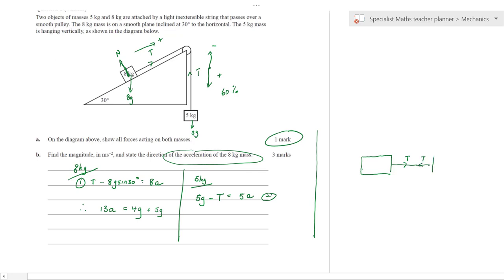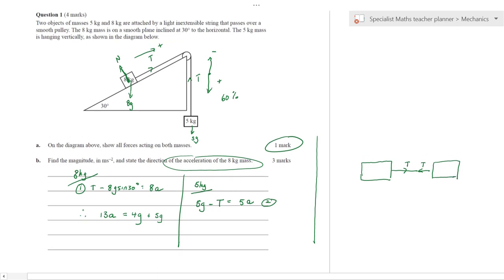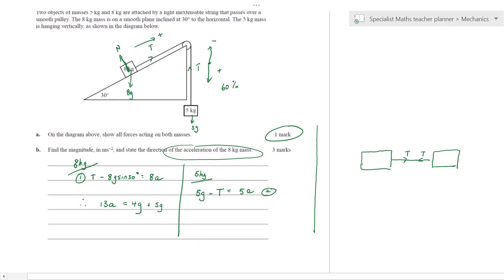This is a physics thing as well. But then basically you've got a T, they're going to cancel out. You've got 5G, 5 times 9.8 force going that way, but you've actually got 8G sine 30 going this way.